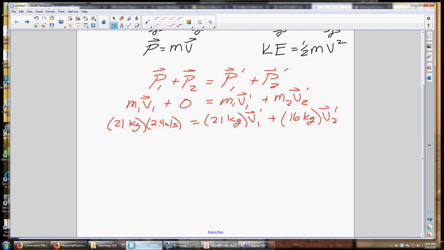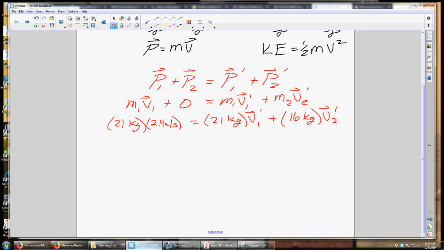Can't really go any further there, right? Because I have one equation, but how many unknowns? 2. So I'm kind of at an impasse. This is why it's good that it's an elastic collision. Because if it wasn't, I couldn't do anything.